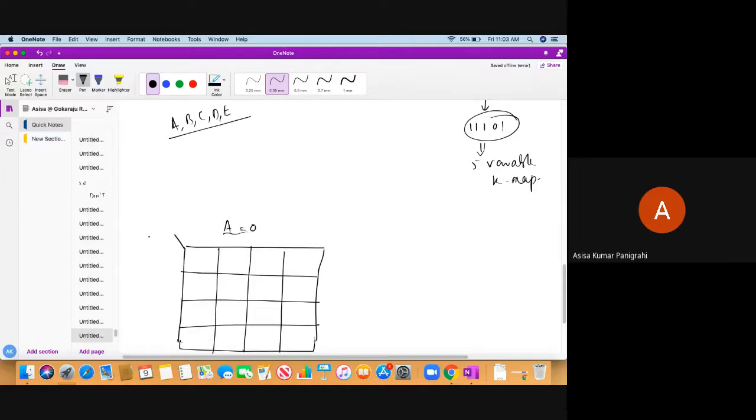Here this is BC, DE, this is D bar E bar, D bar E, DE, D E bar. Please understand, students. If you are not understanding, unmute and ask me immediately. BC, BC bar.